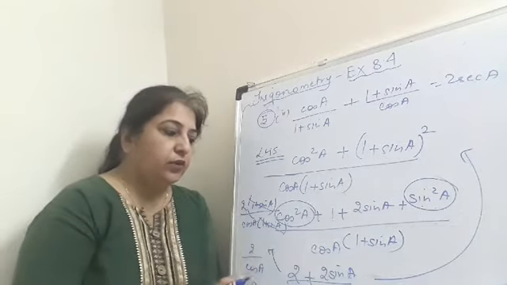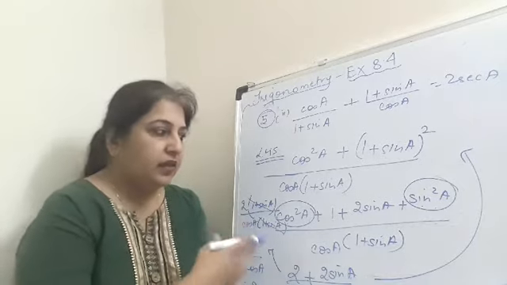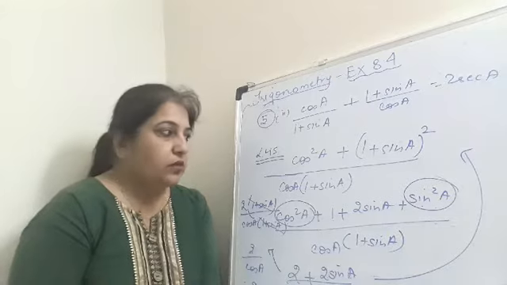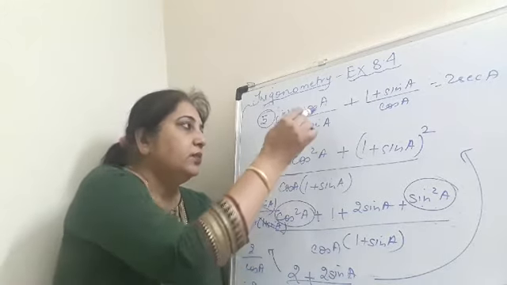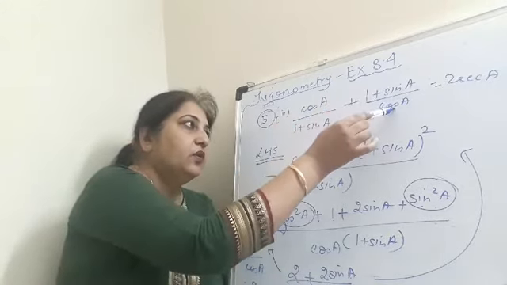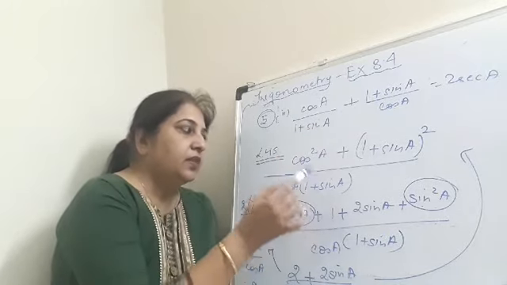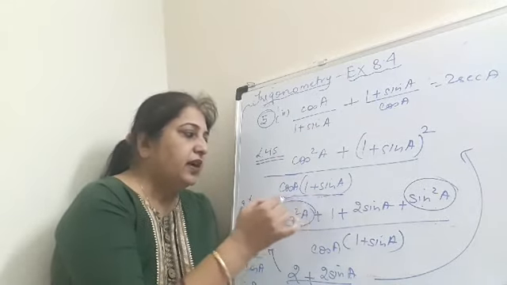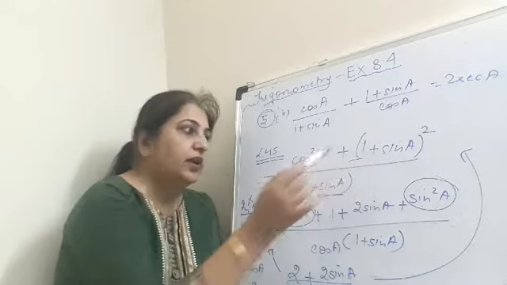As I told you, first analyze the question and then start solving. I hope this is clear to you. Cos A upon 1 plus sin A and 1 plus sin A upon cos A, we find the LCM. Then after finding the LCM, we solve for the numerators.